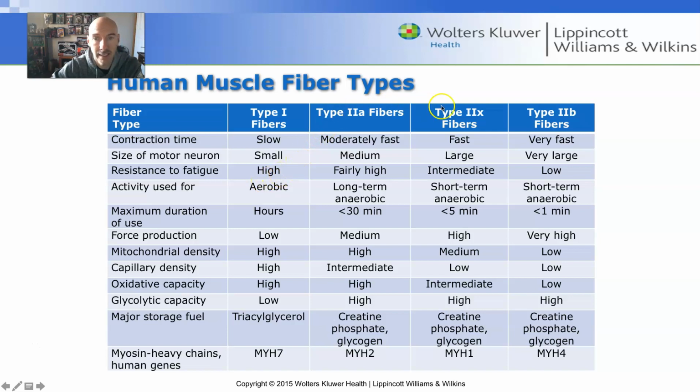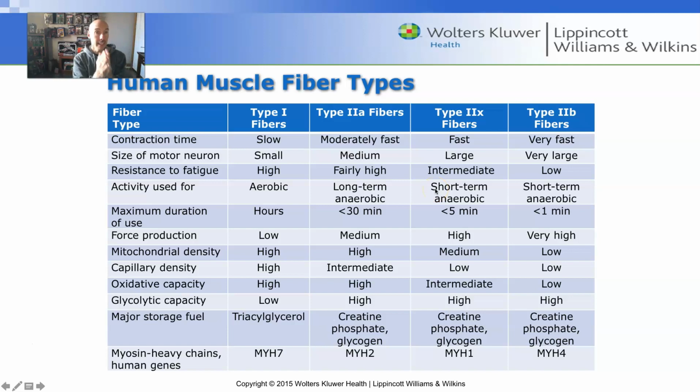Resistance to fatigue in type 2X says intermediate, but it's kind of low because it uses short-term anaerobic. Maximum duration for use of type 1 is many hours because it uses aerobic. Maximum duration for type 2X is less than 5 minutes because it uses short-term anaerobic.